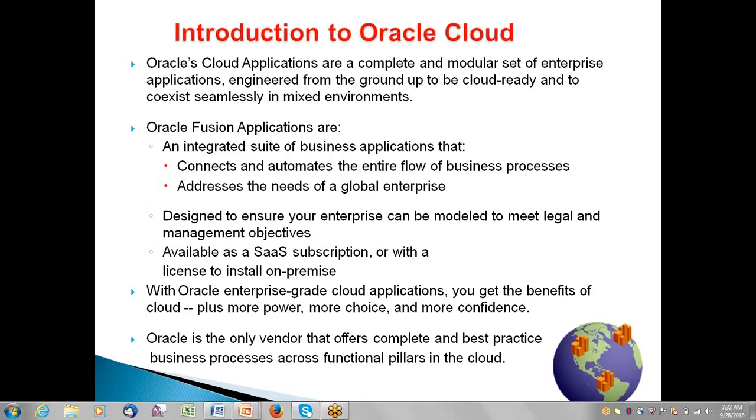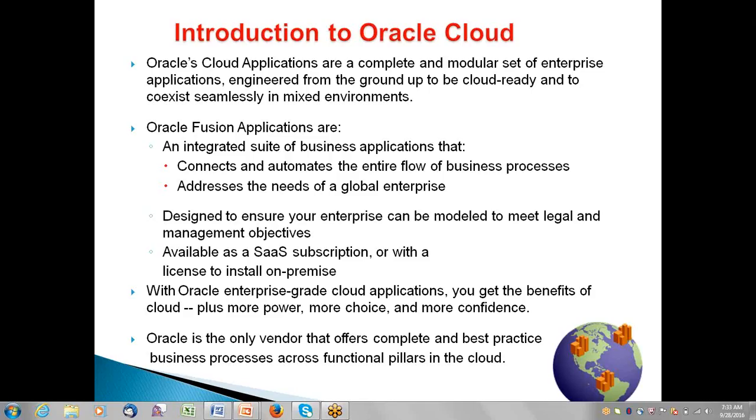But keeping in mind the cost and other advantages, mostly nowadays customers have an inclination towards going with the SaaS subscription. So with Oracle enterprise-grade cloud applications, you get the benefits of cloud plus more power, more choice, and more confidence. That's what Oracle is going to build into the customers with the enterprise-grade cloud applications.